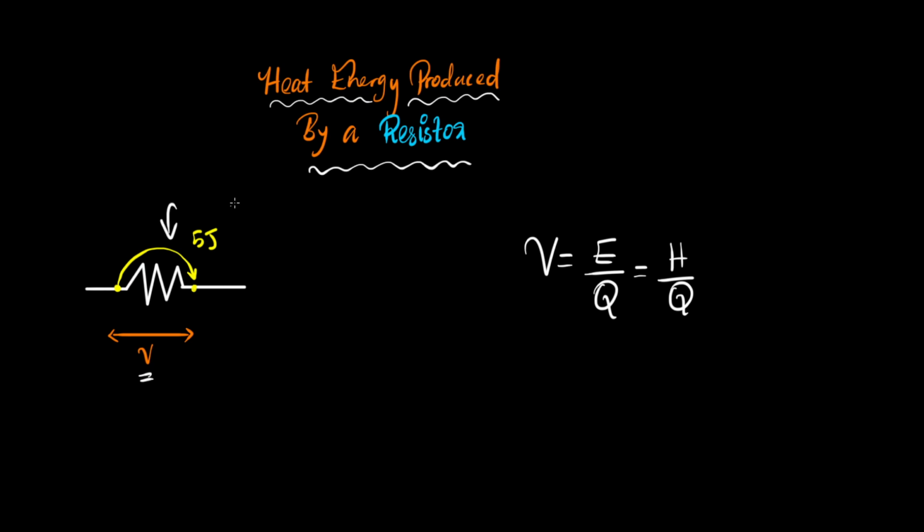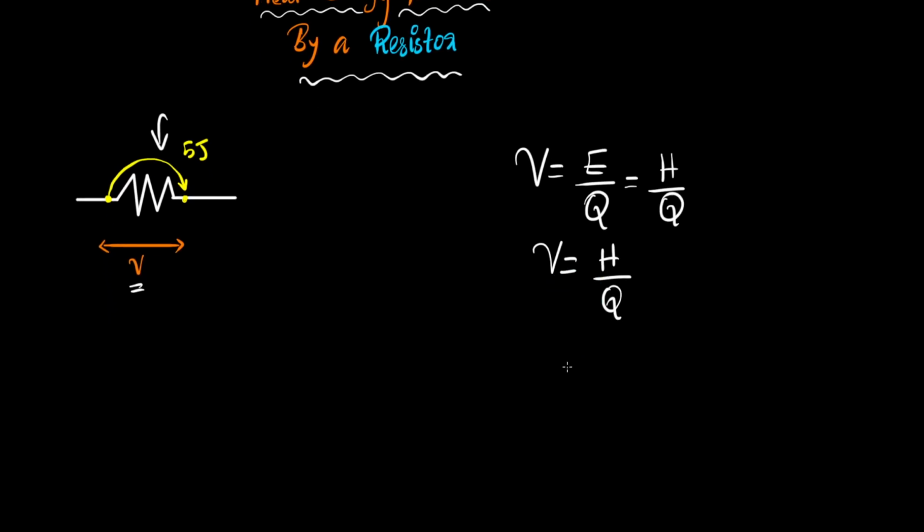Whether it's 5 joules, 10 joules, 100 joules, or a million joules, whatever joules we find is now heat. So V is equal to H by Q. From that we can easily find how much heat is produced by a resistor: V times Q is equal to H. So voltage times charge is equal to the heat energy produced by a resistor.